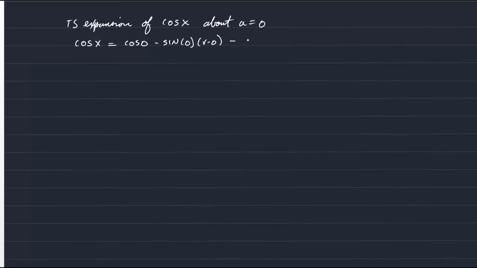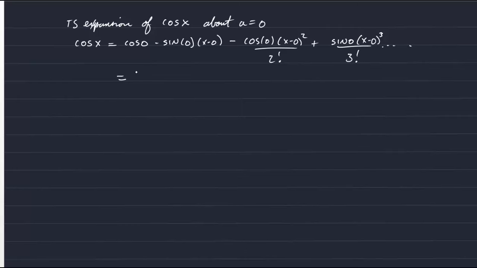And then the second order term is minus cosine of 0 times x minus 0 squared all over 2 factorial. The third order term is sine 0 times x minus 0 raised to the third power over 3 factorial, etc.